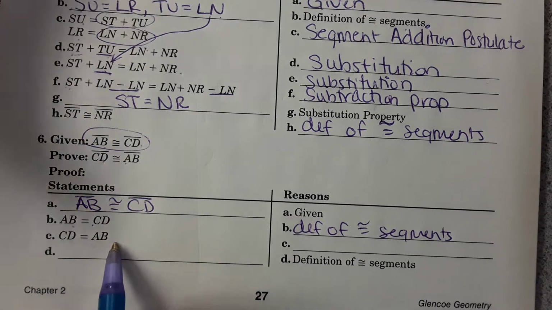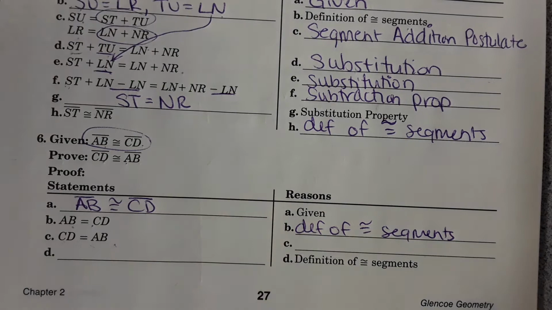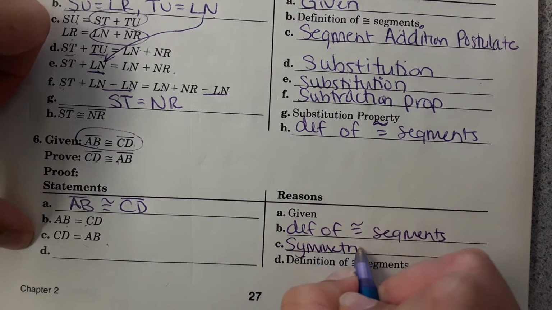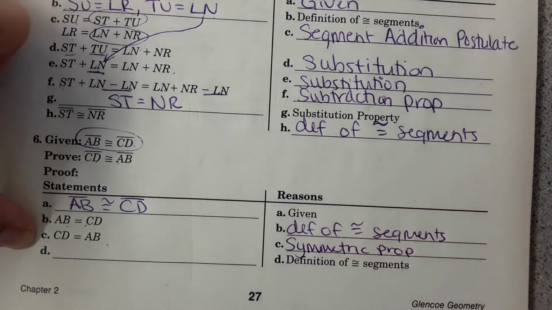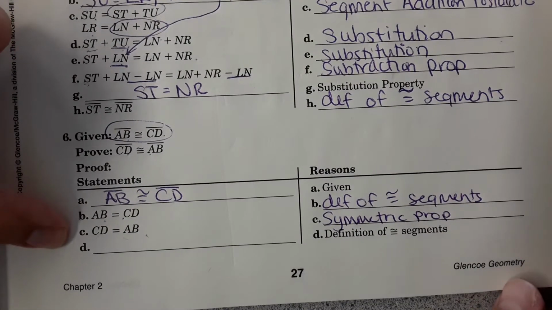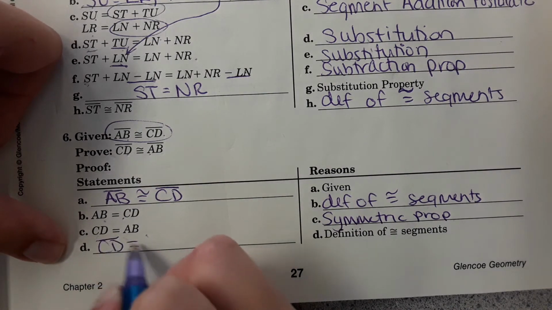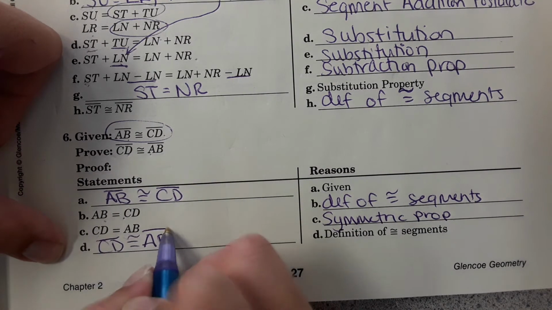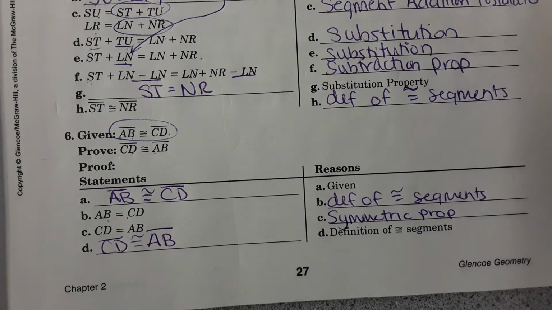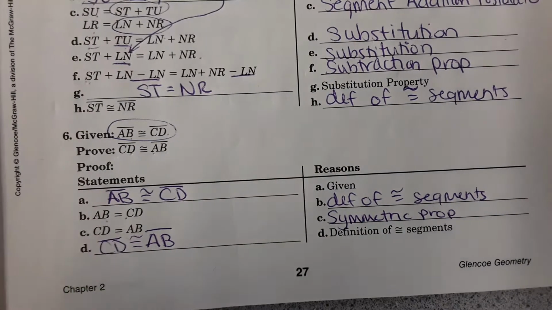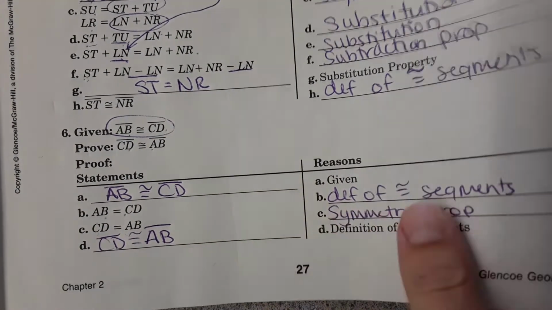Then they switch it to CD equals AB, that's the symmetric property. And then turn it back into a congruent statement. We are going to do the one on the back because it's very similar to one of the ones that you'll see on your homework.